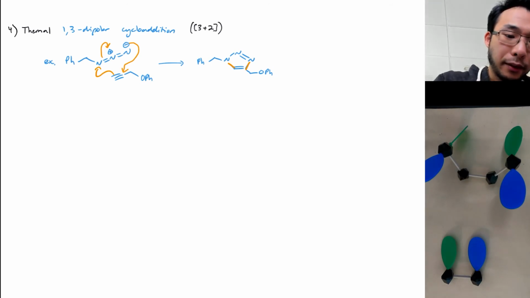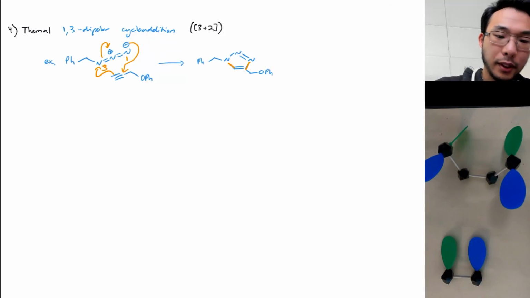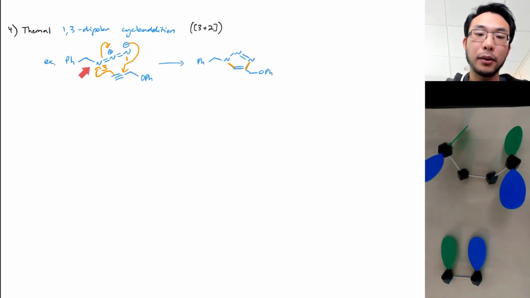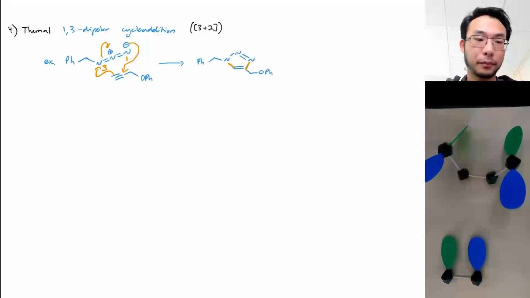Again, my 1 and my 3 are referring to the relative positions of the nitrogens here, 1 and 3. This type of reaction turns out to be very, very common and useful for stitching together molecules with different functions. So a very common use is to take a drug molecule with an alkyne on it and do a 1,3-dipolar cycloaddition to attach it to a targeting molecule that has an azide on it.